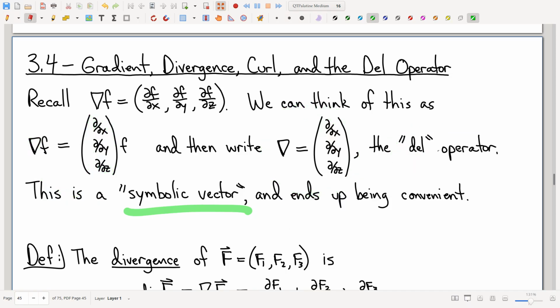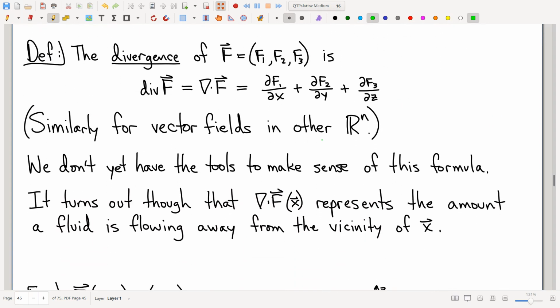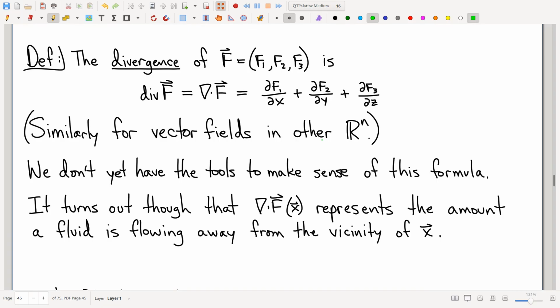Okay. All right. So here's the first example. I'm going to define something called divergence. Here's the definition. Divergence comes from the del operator applied to a vector field by way of a dot.